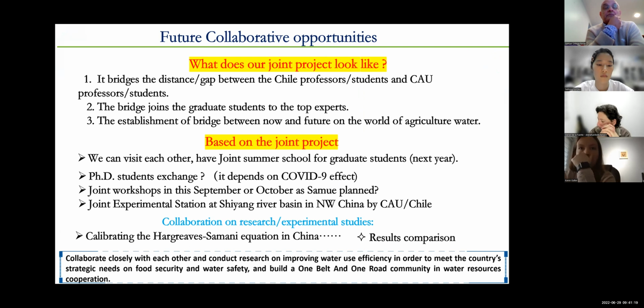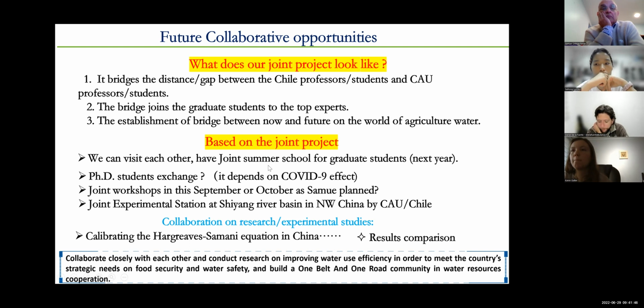I'm not sure, maybe it depends on the CWRCE effect. The second is PhD student exchange. Based on the presentations, we can find that the Chinese side and the Chile side have some common research interests.